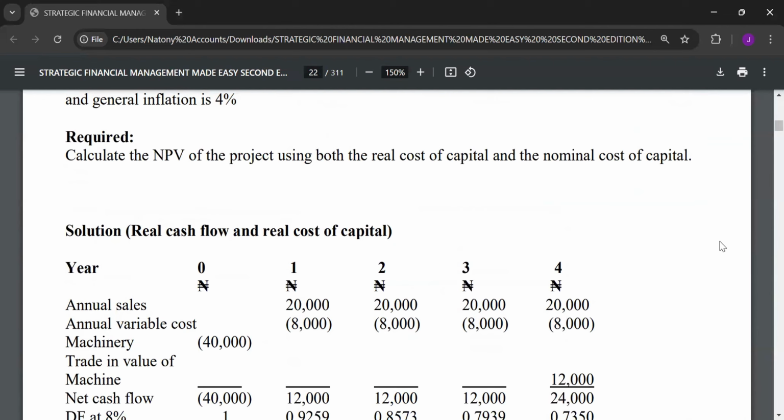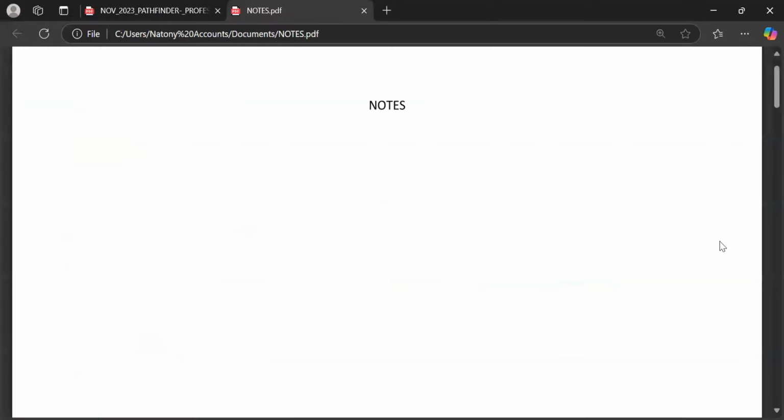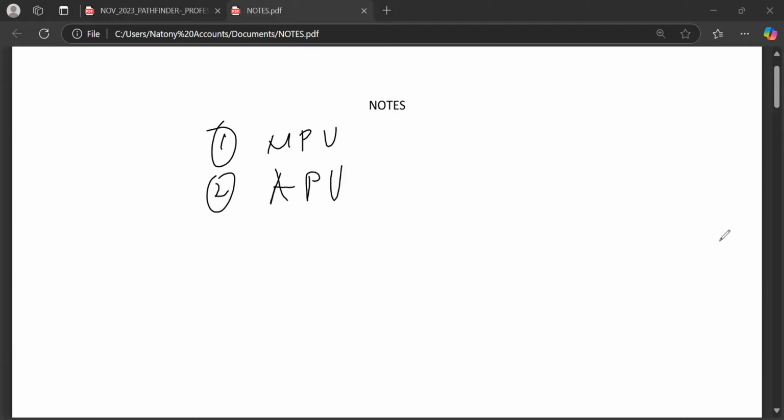It may come as NPV, which is the traditional NPV method, but it may not come just as the traditional NPV method. So let me write this here. We have the NPV method, and we have the APV, which is the adjusted present value.